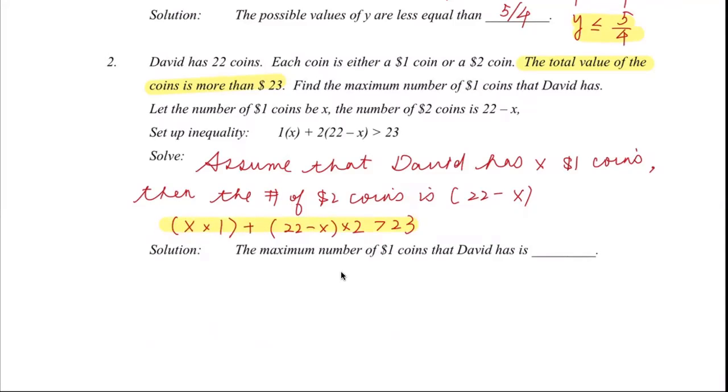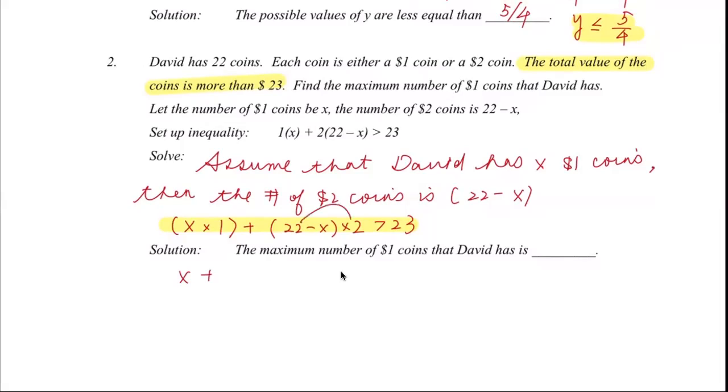Let's quickly solve it. So x times 1, that's just x. So this is x plus... here distributive rule, right? It doesn't matter if 2 is in front of the bracket or after the bracket. You need to recognize this. This is still distributive rule, right?